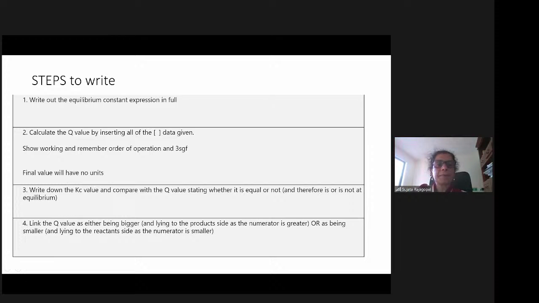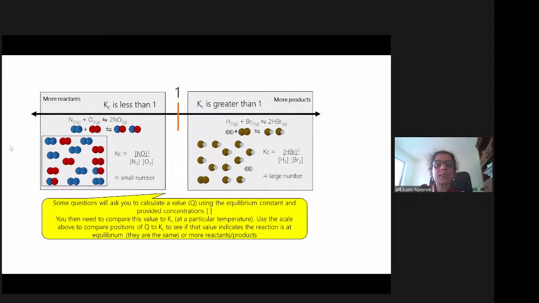Okay. Yeah, see this? So this is what you need to remember. The Q value is nothing. It is the equilibrium constant given to you at a particular temperature.